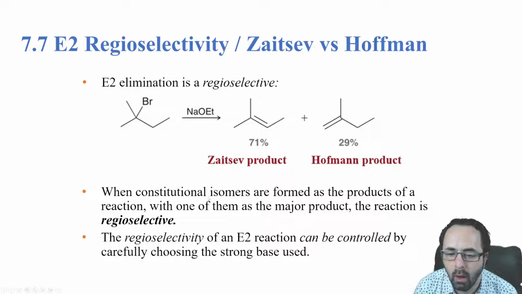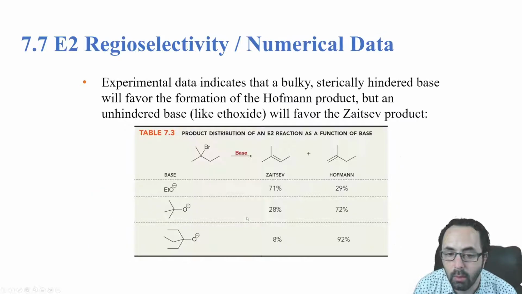When we have multiple potential constitutional isomers that can be formed, and one of them is major and one of them is minor, we refer to this as regioselectivity. And depending on the base that we use, and the other factors that are involved, we can control the regioselectivity of the reaction.